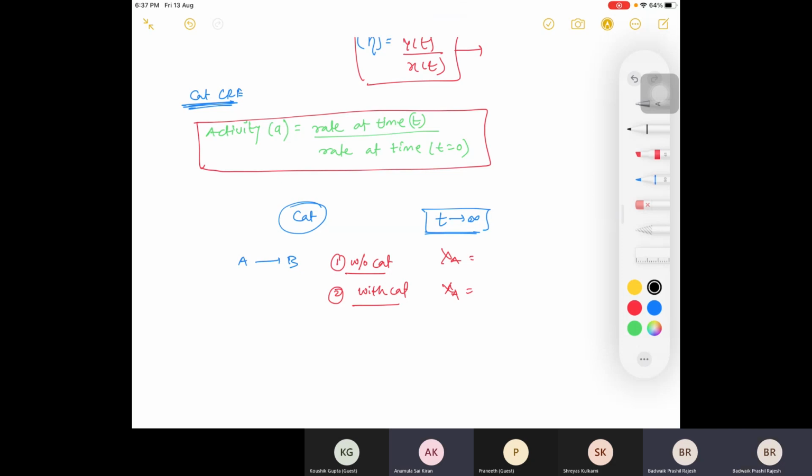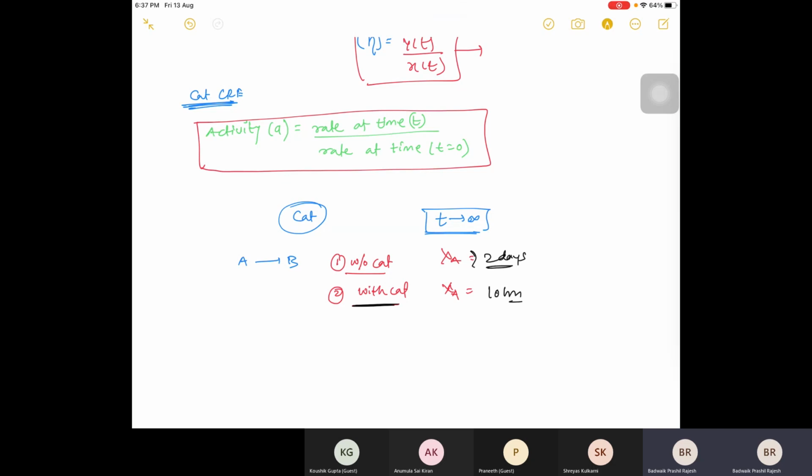Yes, we can only increase the speed, and here I have given infinite time to both reactions. Suppose with catalyst the reaction completes in 10 hours, it may take 2 days without catalyst, but the final conversion will be the same, because the catalyst increases the rate and decreases the time for reaction completion.